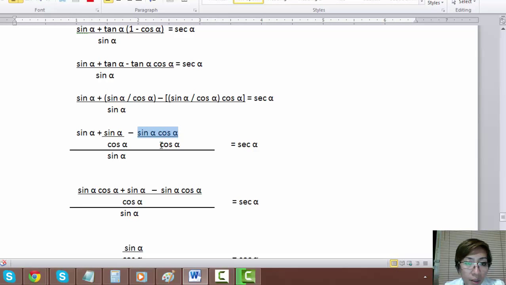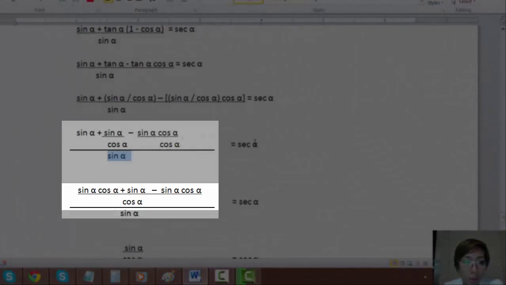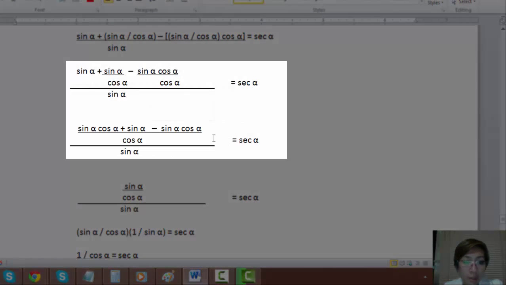Then simplify this numerator. We arrive with a common denominator as cosine alpha. Cosine alpha divided by 1 is equal to cosine alpha. Cosine alpha times sine alpha is equal to sine alpha cosine alpha. And then the same with the second term, which is sine alpha, this one. And then the same with the third term, which is sine alpha cosine alpha, which is this one.